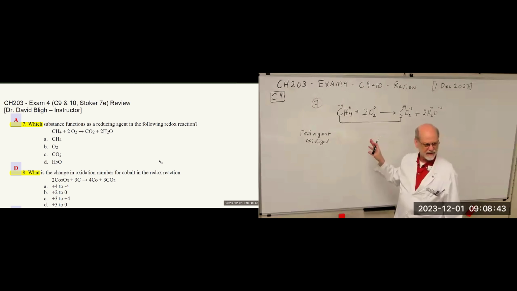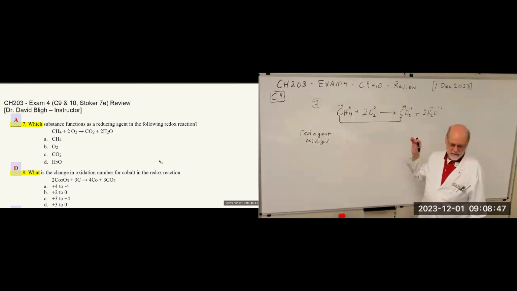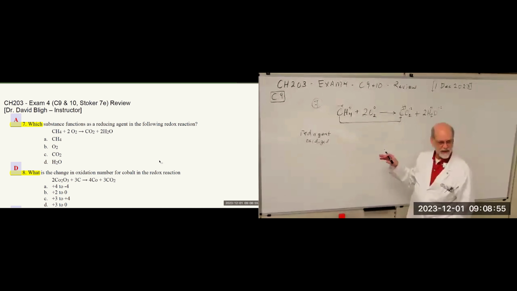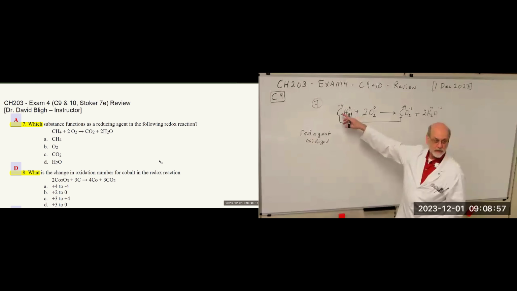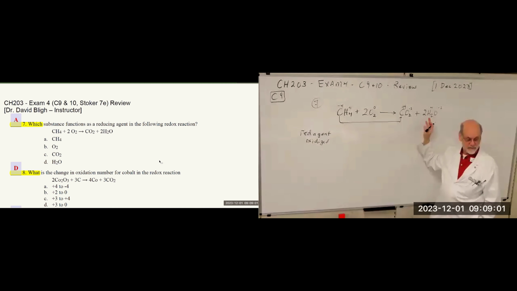I'm curious how many electrons then to go from -4. The way I keep myself from making errors in this situation, I go to 0. How do I go to 0 from here? I lose 4 electrons. Then I go from 0 to +4, I lose 4 more.